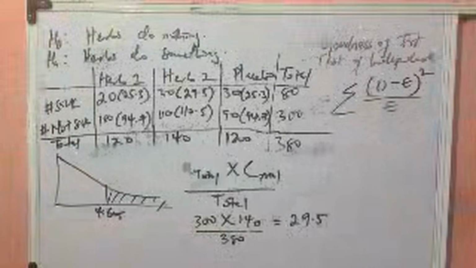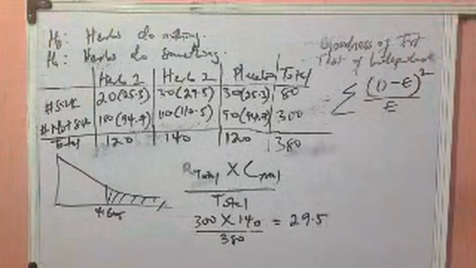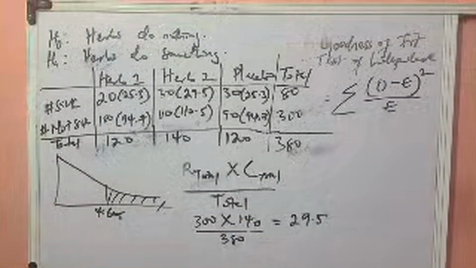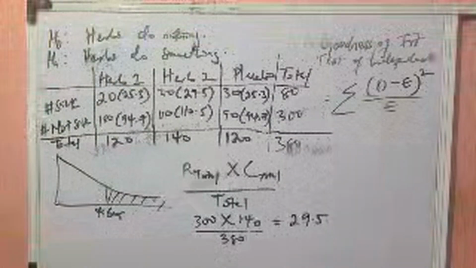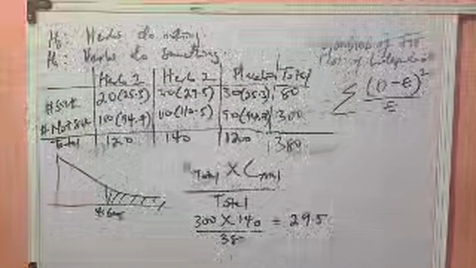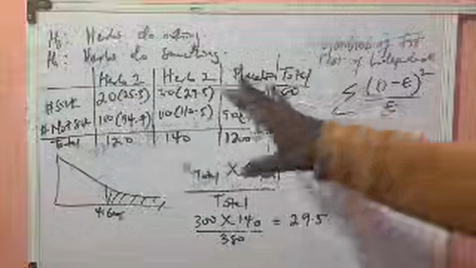All right. So now that we are done with getting this expected value, it's time for us to now calculate our test statistics, which is the basis of everything we've been doing. Now look at what's going on here. We've gotten expected value of each of the entries.